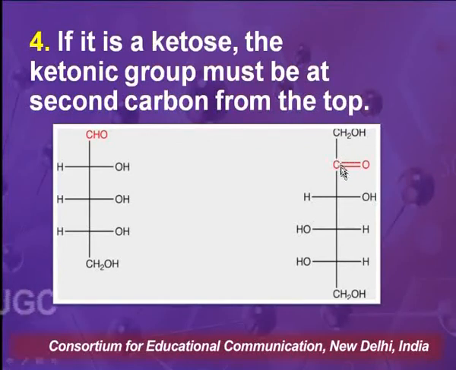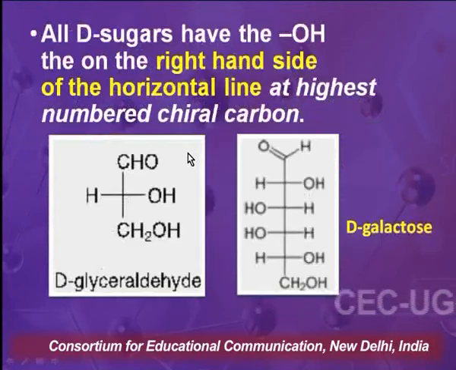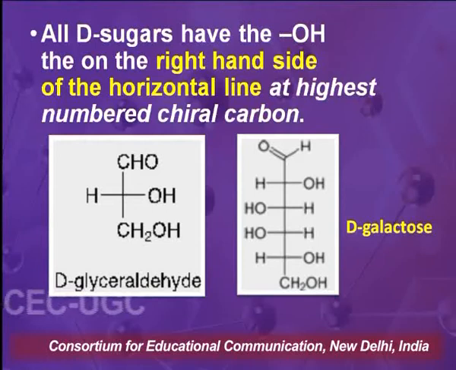Here I've compared the structure of an aldose and a ketose. In ketose, for which I have taken fructose as an example, which you can see on your screens, the ketonic group is at the second position, and in the pentose sugar, the aldehyde group is at the top. After doing this, we have to assign configuration to these molecules.